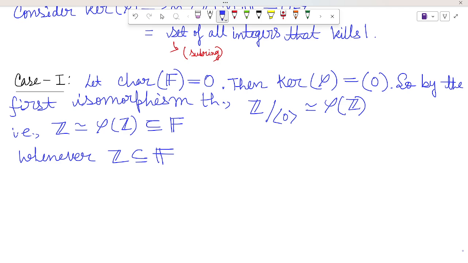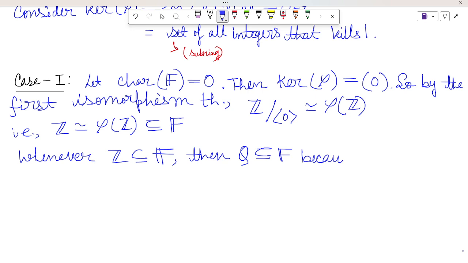So that is a one-to-one map, Z and phi Z. They are isomorphic. Then Q is already inside F. Why?